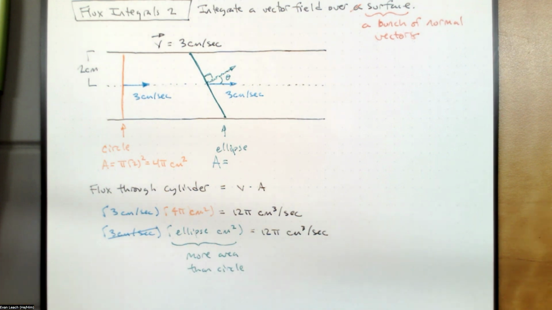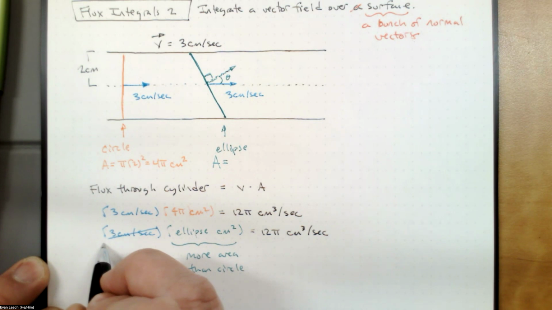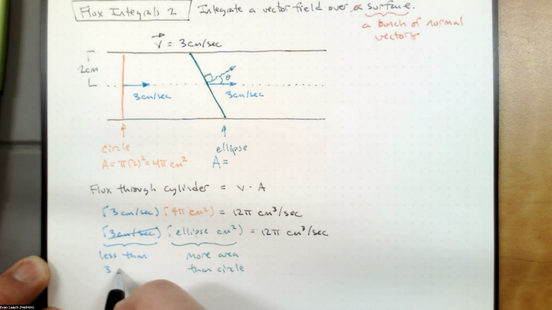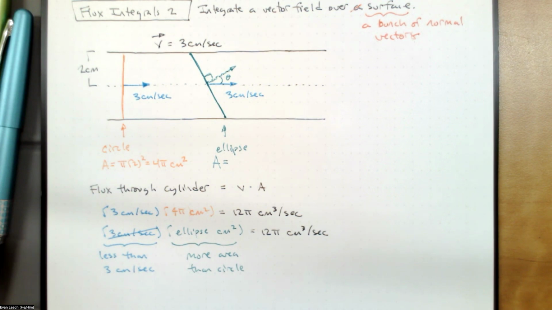that means the volume going through the ellipse has to go down. If there is more area than the circle, then there has to be less volume, because the cubic centimeters per second shouldn't change.